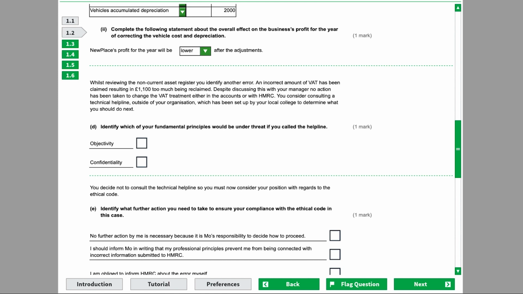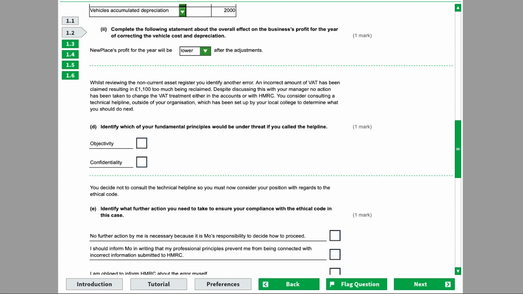We've got objectivity or confidentiality. Now, out of these two, the most appropriate here where we may have issues is to do with confidentiality. Because this information is about the business, it would be confidential to disclose. Now, although you would be doing the right thing by getting advice on what you should do next after talking to your manager with them disagreeing, there is still a risk to your confidentiality because you're discussing the business's financial information, which is confidential.